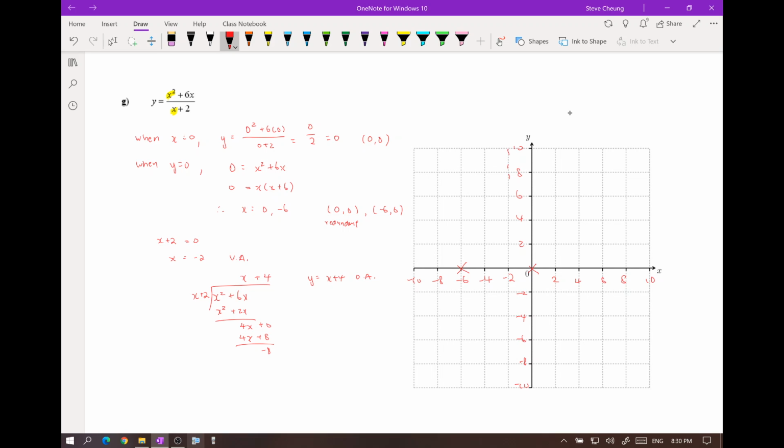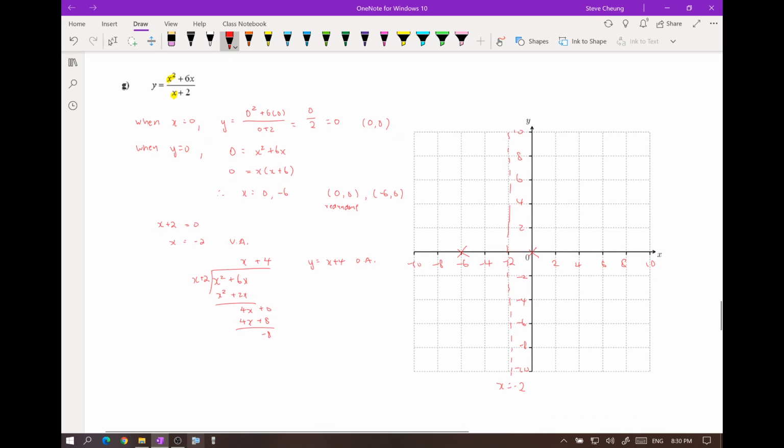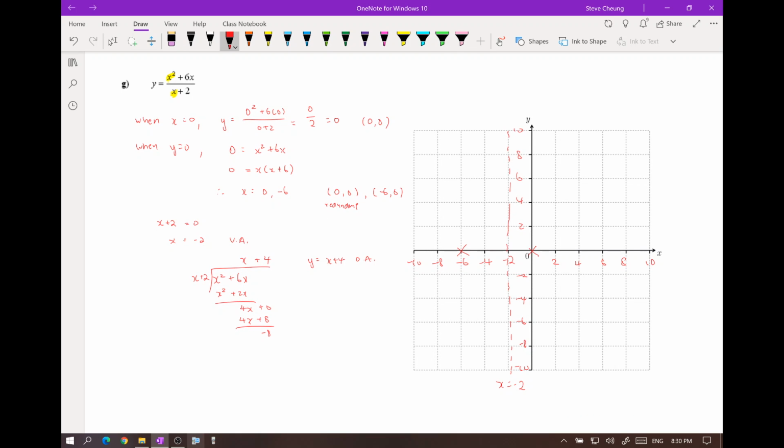Then we have a vertical asymptote at x equals -2. And then x plus 4. So that means it starts at the origin and then it goes up to 4, 8, and 12. Whereas this way will be -4, -10, -8, and -10. So let's draw in this oblique asymptote.